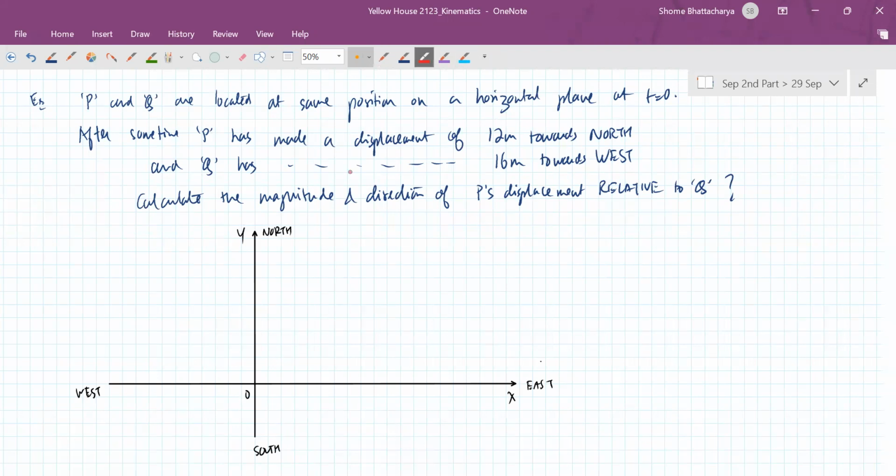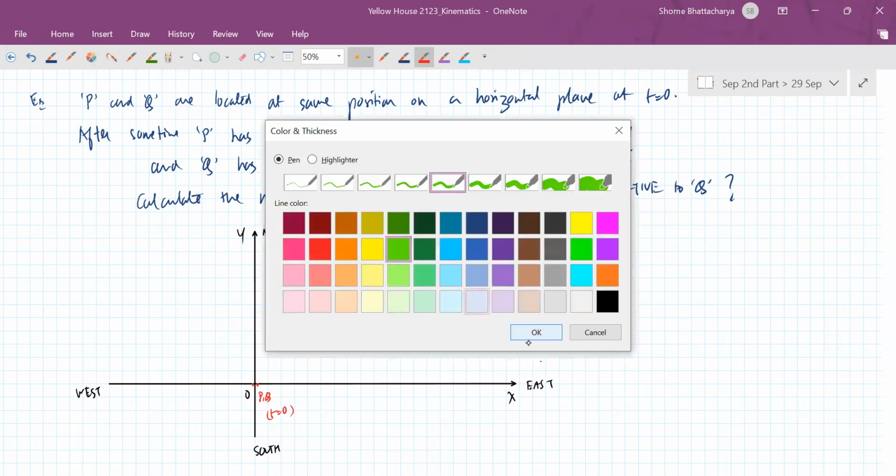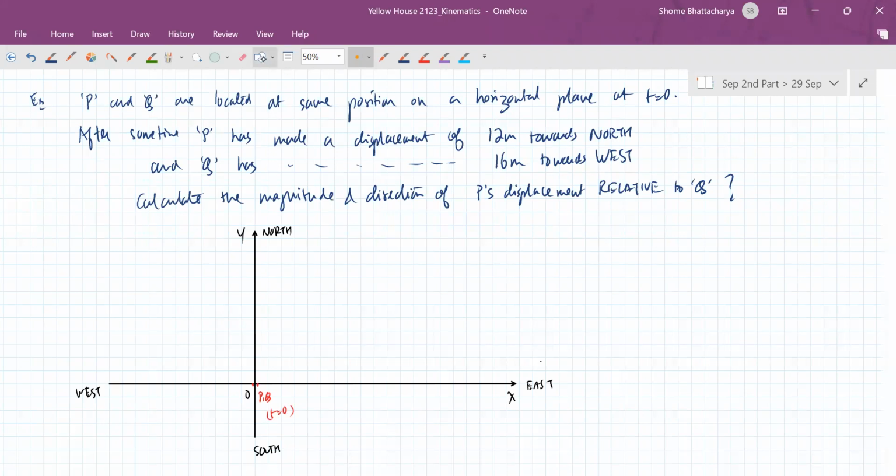Initially at t equal to 0, P and Q are both located here. Then what is happening is that the particle P is making a displacement towards the north of 12 meters. So P goes here. So displacement of P will be 12 j cap.